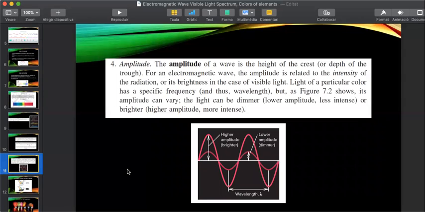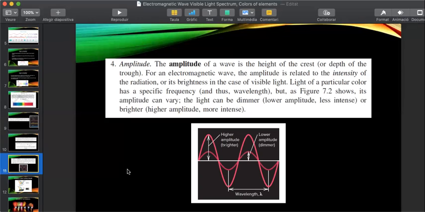And 4 is the amplitude. The amplitude of a wave is the height of the crest or depth of the trough. For an electromagnetic wave, the amplitude is related to the intensity of the radiation, or its brightness in the case of visible light.